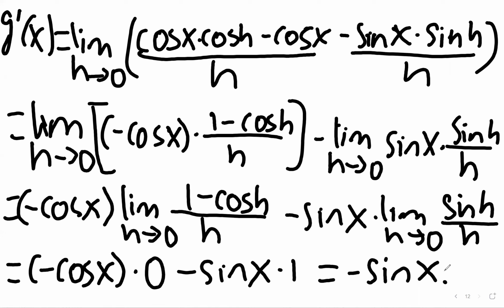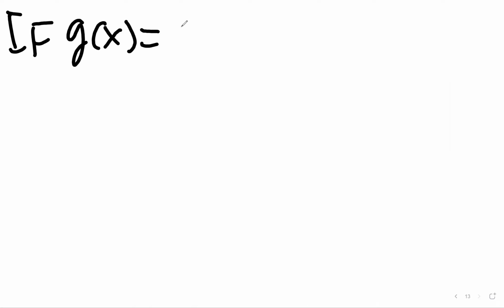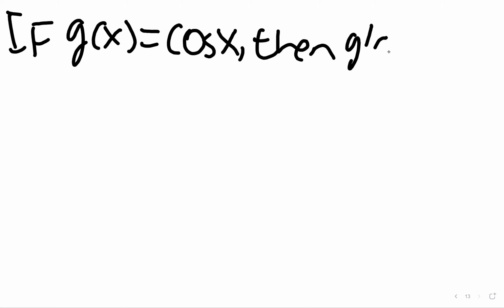So to summarize this, if g of x equals cosine of x, then g prime of x equals minus sine of x. That's the summary here.